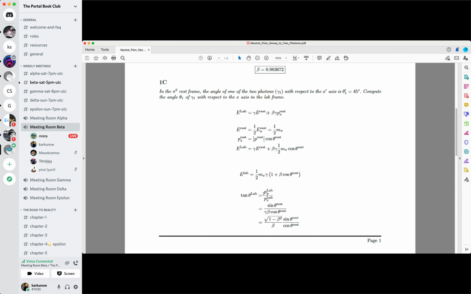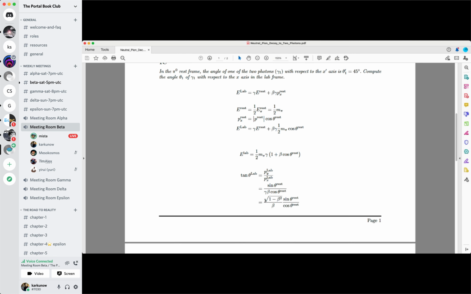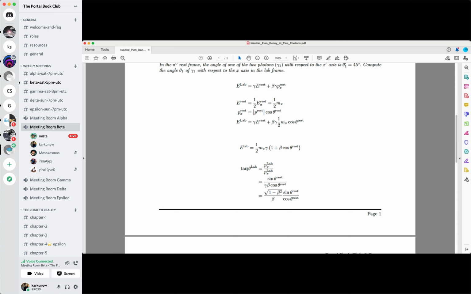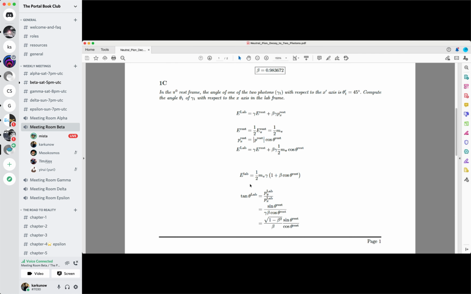Maybe I need to give some motivation here, right? We're trying to find the angle in the lab frame for the first photon. So the way I do that is by taking an inverse tangent of the angle.